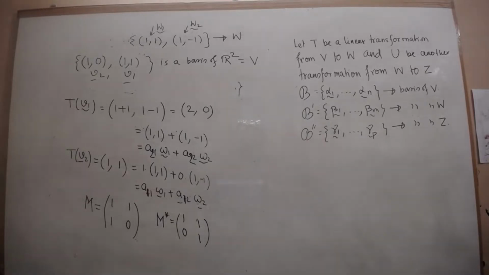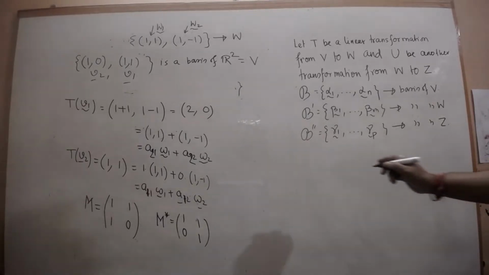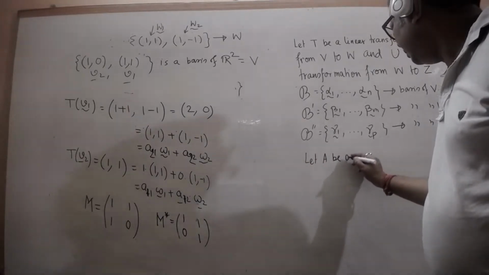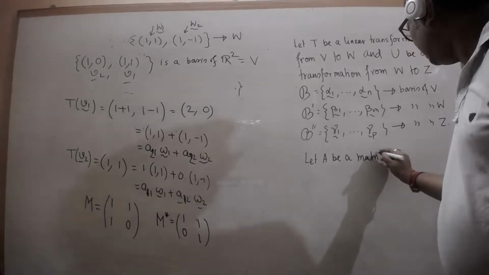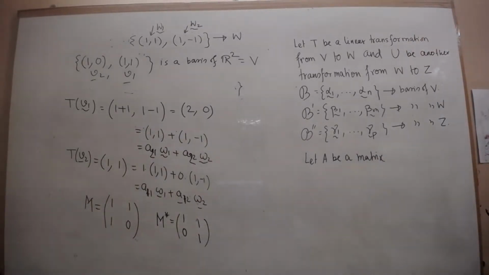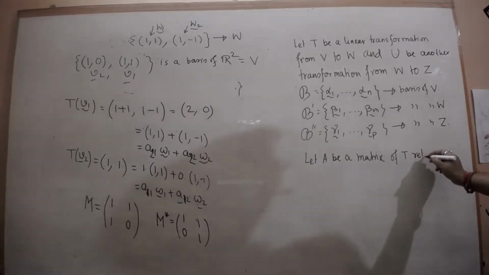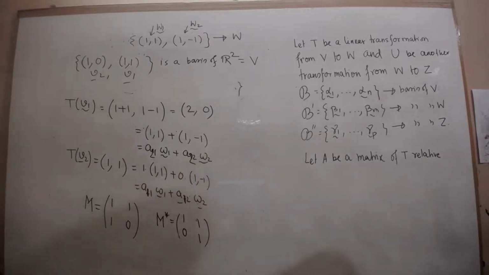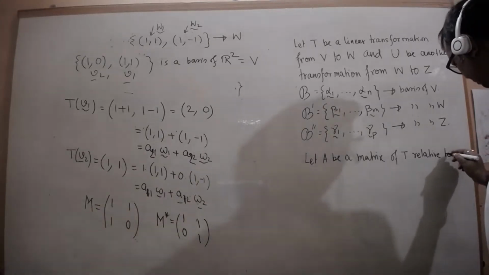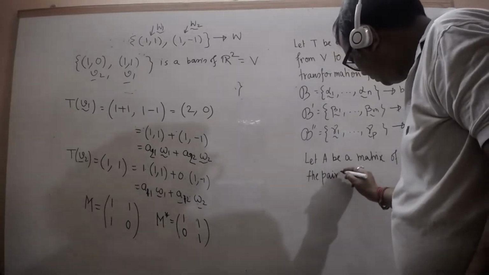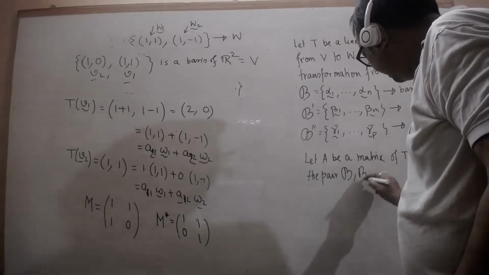Now let A be the matrix of T relative to the pair beta, beta dash.